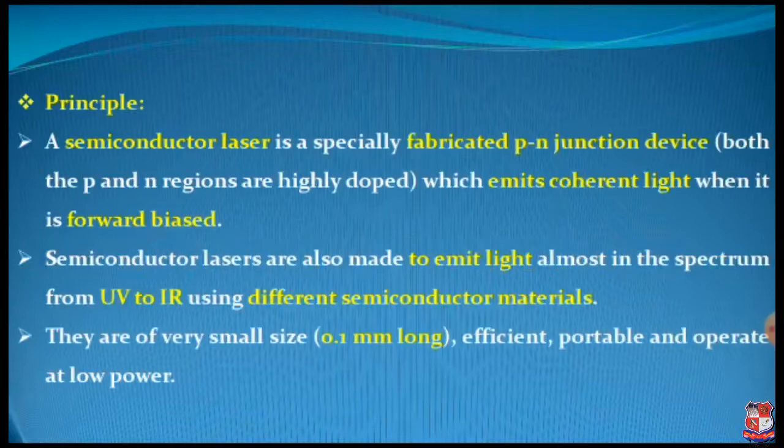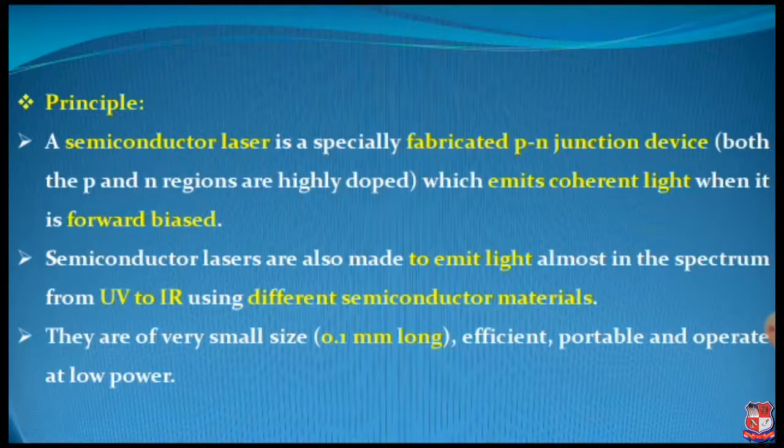Have you ever imagined that by using a semiconductor we can fabricate a laser? On which principle does the semiconductor laser work? In this theory we are going to discuss the principle, construction and working of the semiconductor laser.